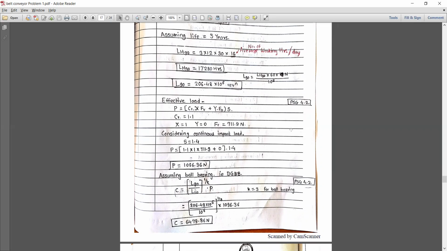So the total working hours are 17,280 hours.